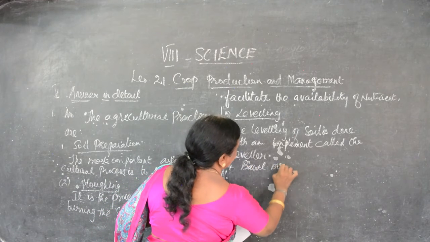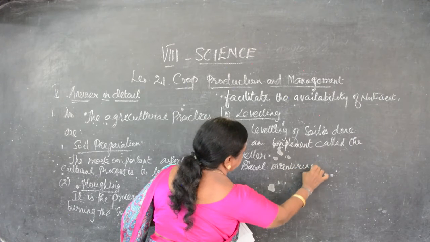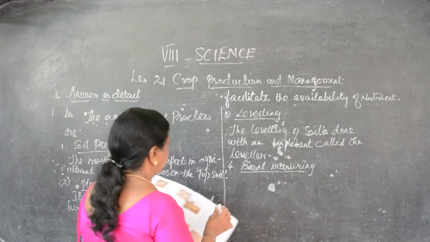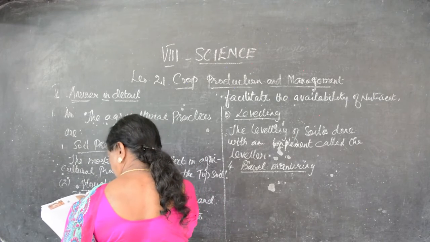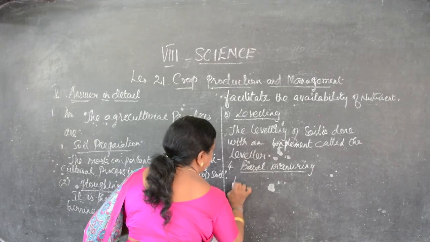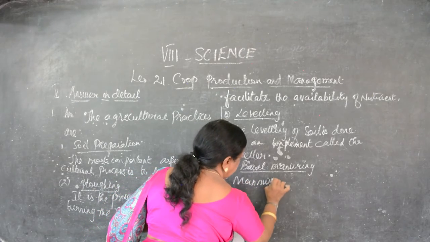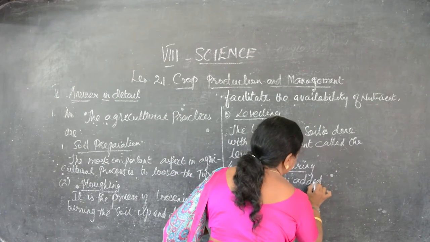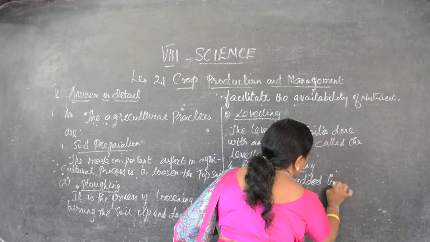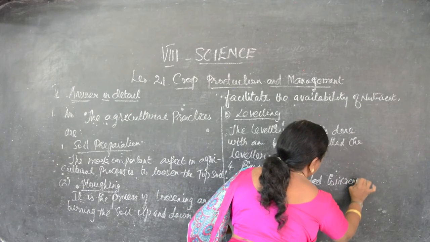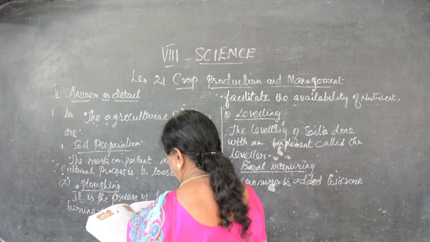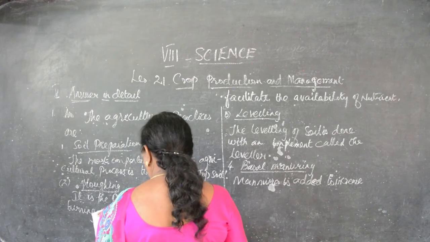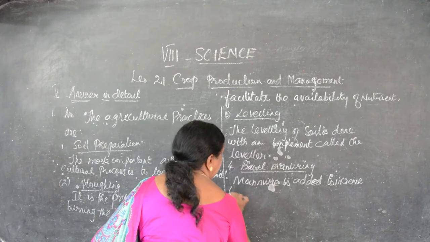Basal manuring. You have to write as it is with the side headings. Manure is added, A-D-D-E-D, added to increase the fertility of the soil.